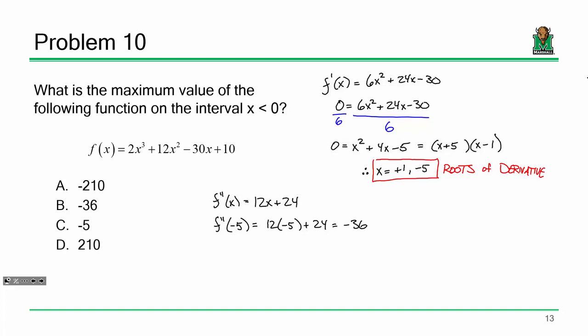Now, what does the second derivative tell us? The second derivative tells us the concavity. So this is concave downward, right? So what it means is that at x equals 5, the graph is going to look something like that, right? That's x equals 5. So when I plug 5 into the original function, am I going to get a maximum or am I going to get a minimum? A maximum.